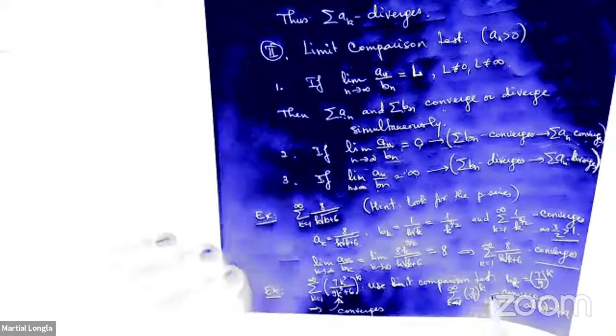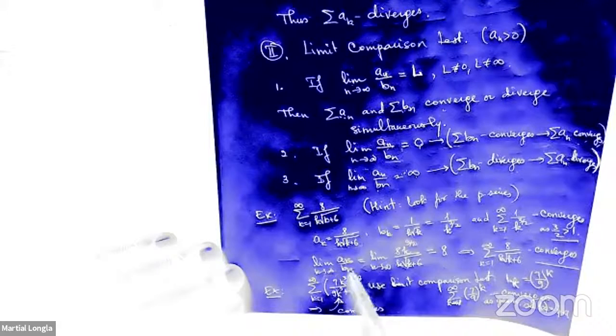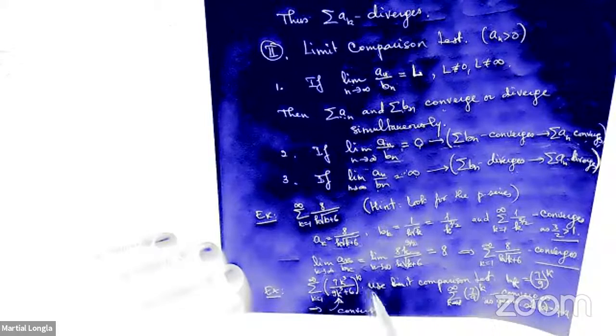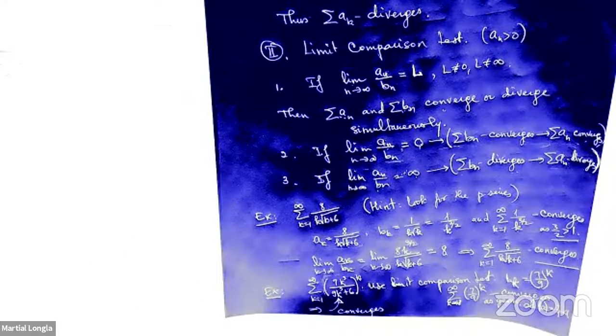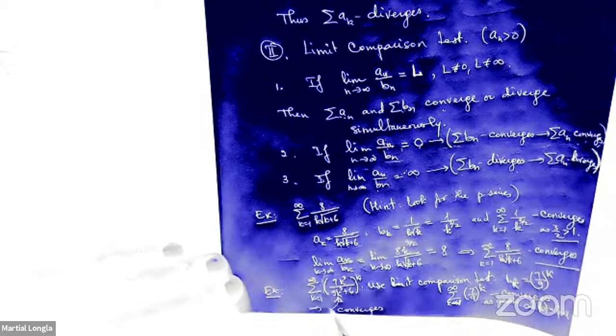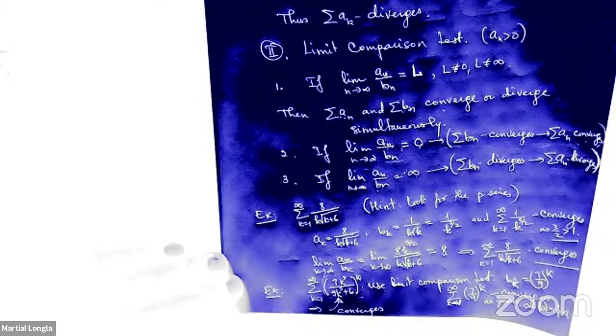The reason being that the limit of that whole thing divided by this, the limit of a_k over b_k, is finite. It's a finite number. It's not zero, it's not infinity. And therefore, we can conclude that the sum converges.